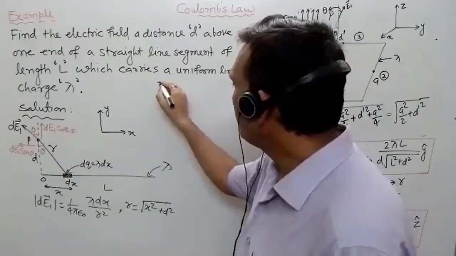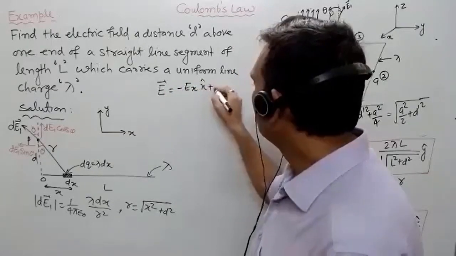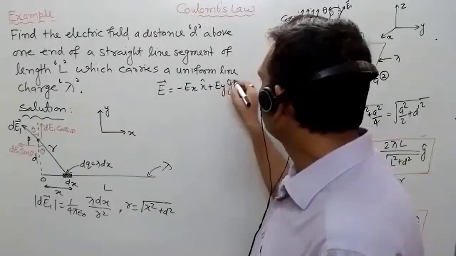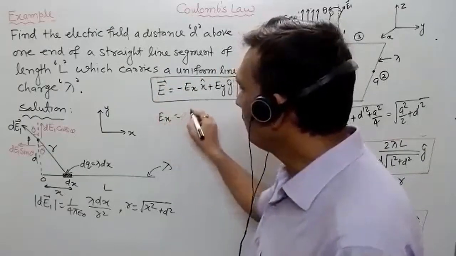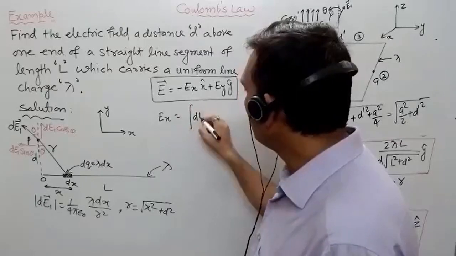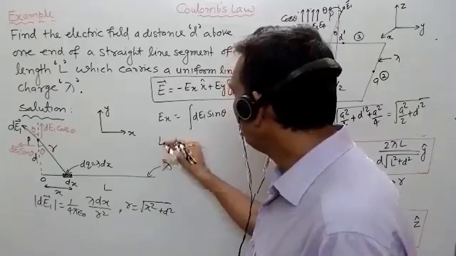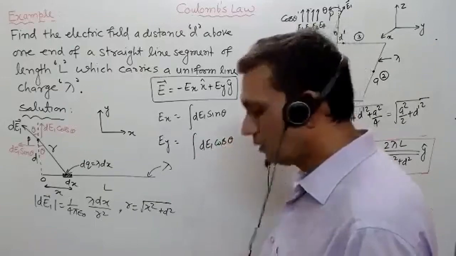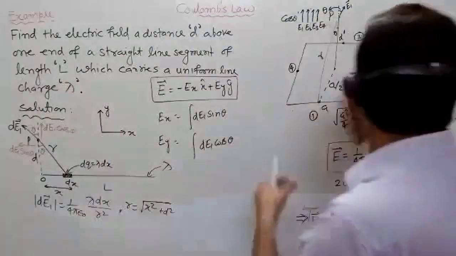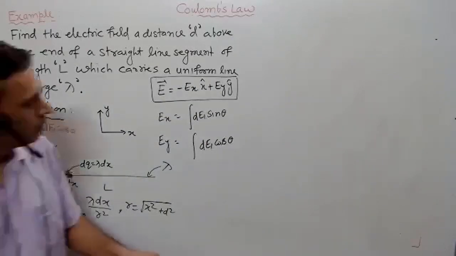So the resultant field E can be expressed as minus Ex x cap plus Ey y cap, where Ex is given by integral dE1 sin theta and Ey is given by integral dE1 cos theta. So you have to integrate this. You can easily integrate dE1 sin theta and dE1 cos theta.